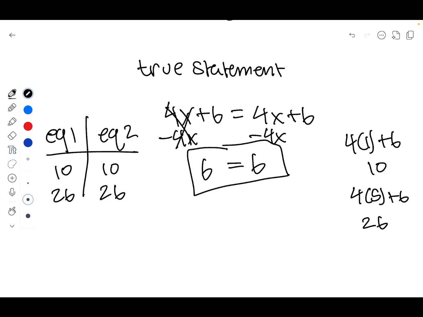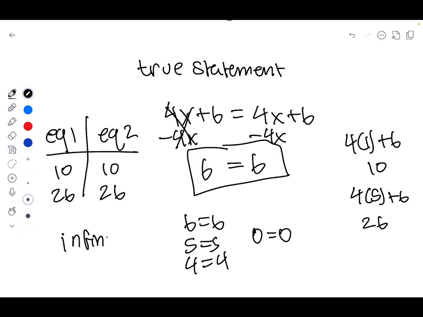That basically means the equation has infinite solutions. When you end up with a true statement, like 6 equals 6, 5 equals 5, 4 equals 4, or oftentimes 0 equals 0, the equation has infinite solutions. When you say the answer is infinite solutions, you would usually write just infinite solutions.